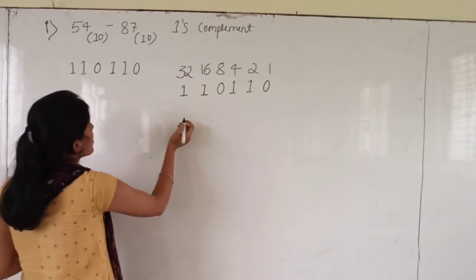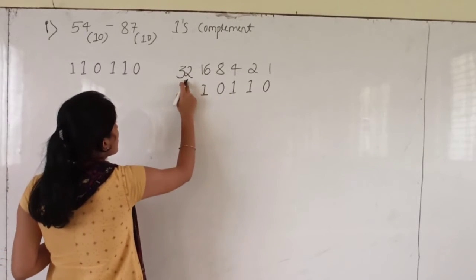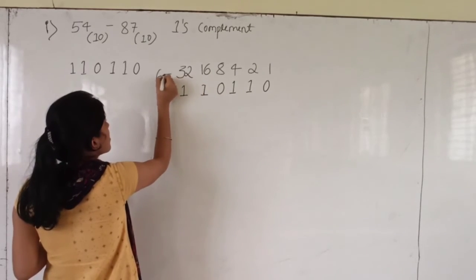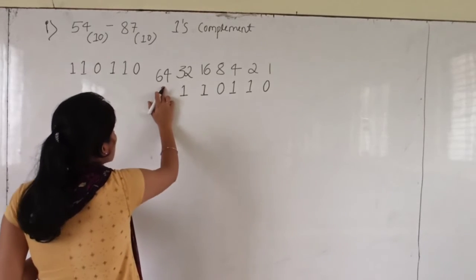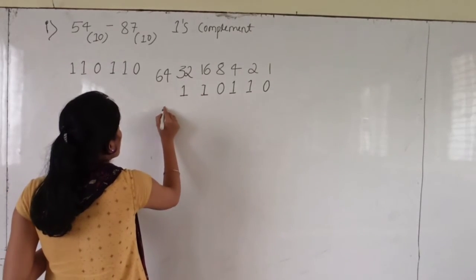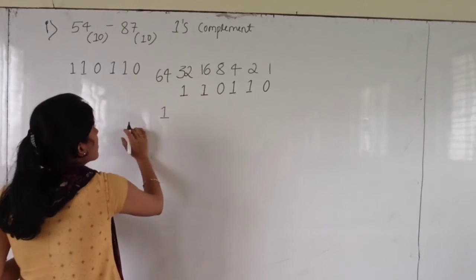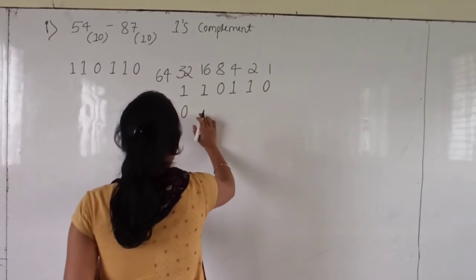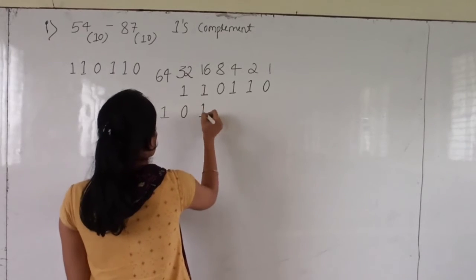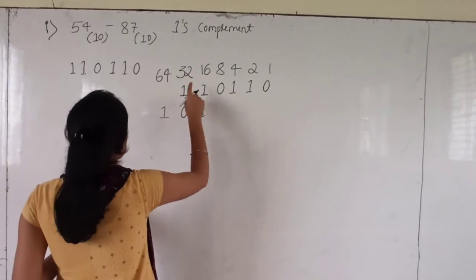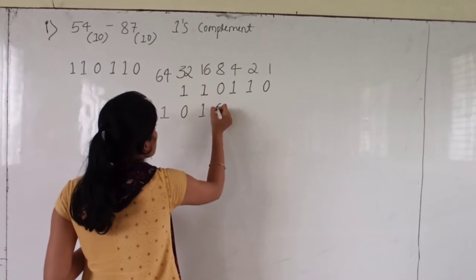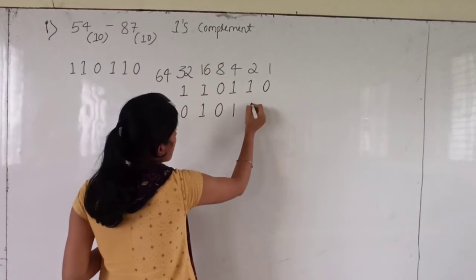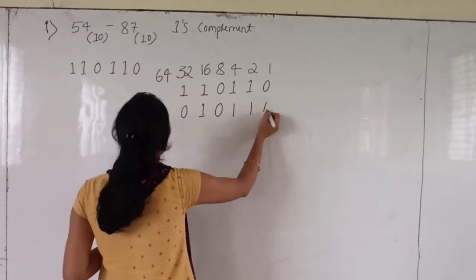And for 87, 32 is too small, hence you take 64 also. 64 plus 32 is 96, so take 0 for the 32 position. 64 plus 16 is 80, the 8th position is 0, then it becomes 84. 84 plus 2 is 86, plus 1 is 87.